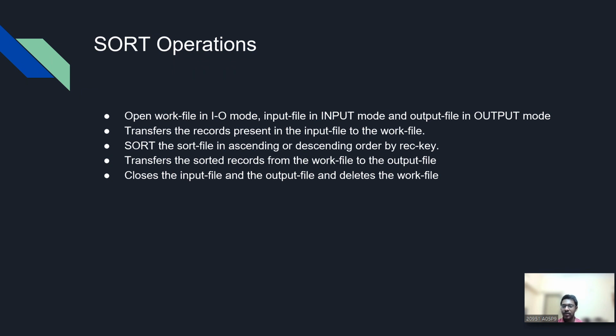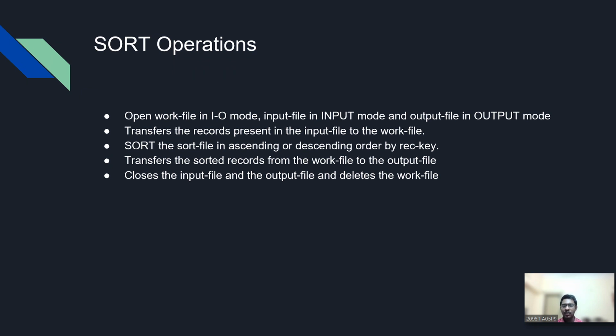And it transfers the sorted records from the work file to the output file, as mentioned in the previous slide. All the input file data will be transferred to the work file, and the work file will do all the sorting operations on the data it got from the input file, and then send it to the output file. It automatically closes the input and output files but deletes the work file, as mentioned earlier.